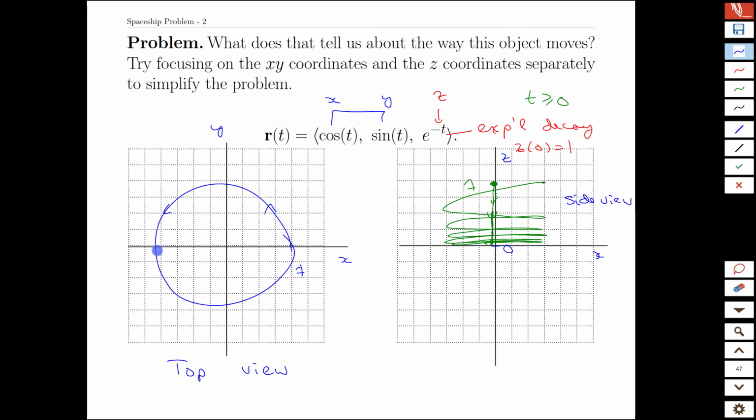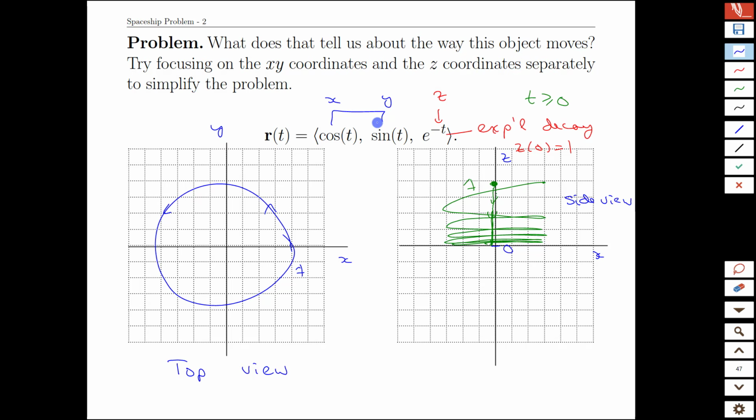So top view just looks like a circle. Side view, we'd see that side of a circle and then the z component decreasing and decreasing as we get closer and closer to 0, but never quite reaching the plane. So that's a fairly intricate construction of the trajectory given a relatively simple formula.